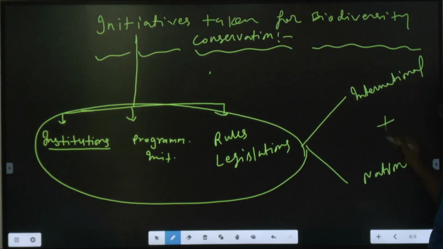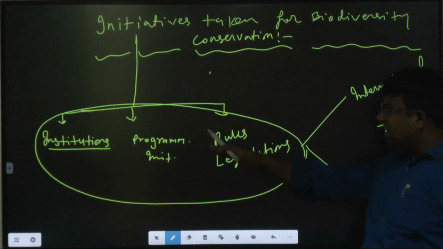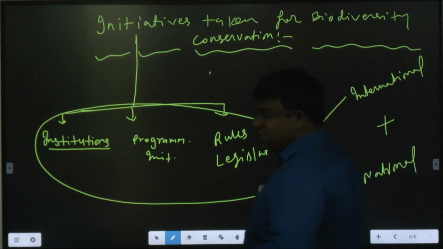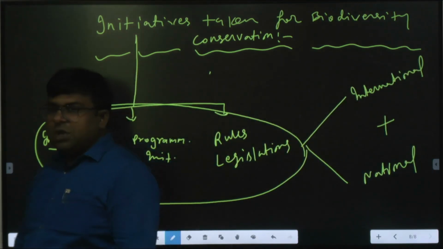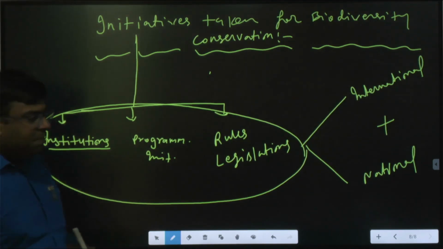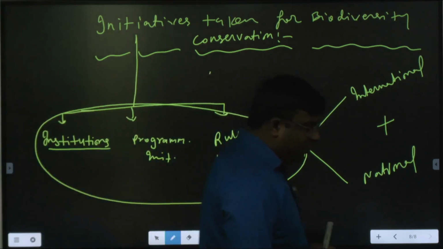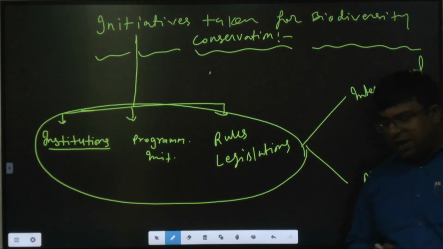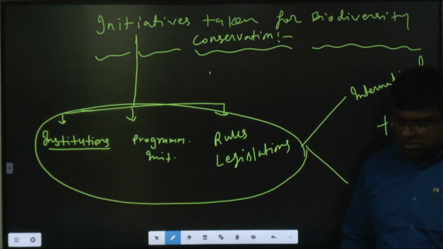And related to that, we will also talk about national level institutions and their program, which are related with biodiversity conservation in India, right? So this is a very complex topic and purely a dynamic topic, full of current affair scope and full of dynamism.